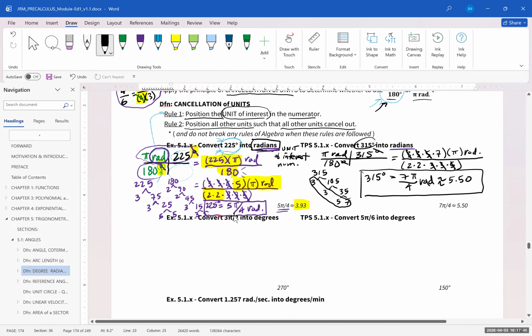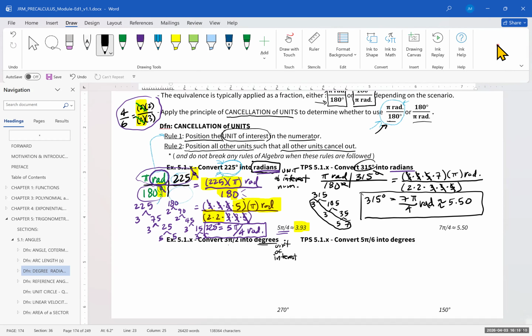All right, and likewise, we can convert back. So now we're trying to convert radians into degrees. So now degrees is our unit of interest. So if our unit of interest is degrees, we want that on top.